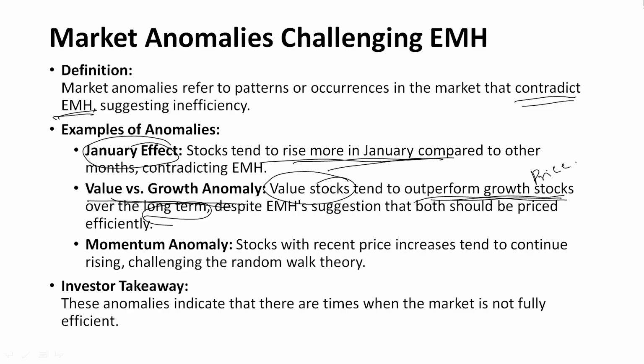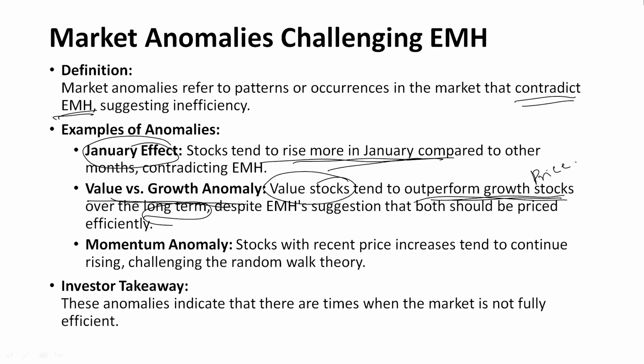So if suppose I am investing in a particular stock, in the long run, it need not be a reflection of the actual prediction you have made. So that is what you mean by the value versus growth anomaly.